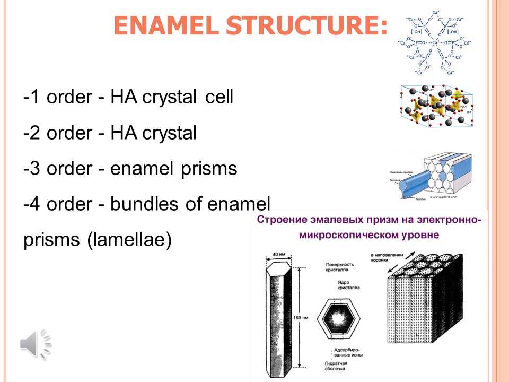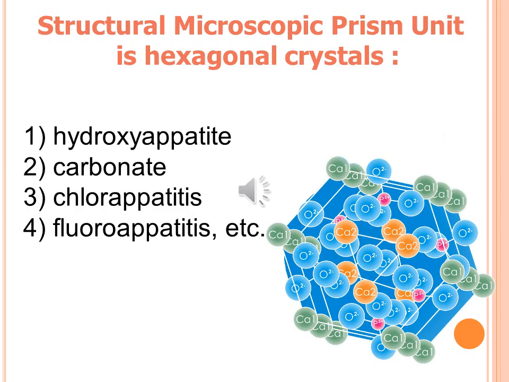Apatite crystals are submicroscopic enamel formations. The structural unit of a crystal is a unit cell, which is unique for each type of crystal. Mineral components of enamel are present in the form of compounds with a crystalline structure.